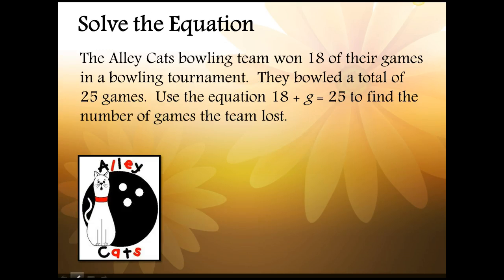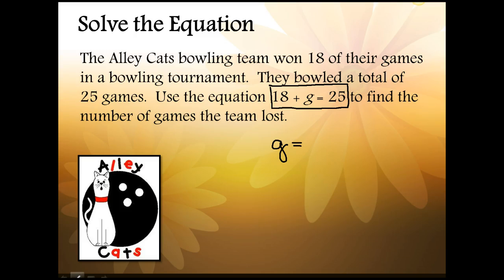The Alley Cats bowling team won 18 of their games in a bowling tournament. They bowled a total of 25 games. Use the equation 18 plus g equals 25 to find the number of games the team lost. Well, if they won 18 games, g would represent the number of games they did not win. We can solve the equation by counting up from 18 to 25, or subtracting 25 minus 18, or doing other mental strategies.